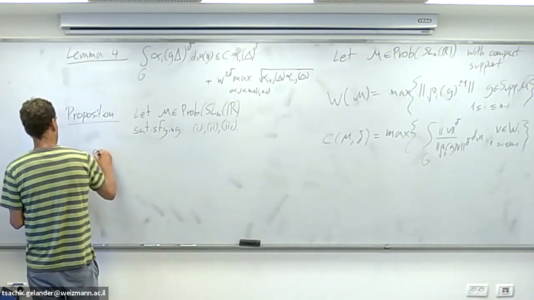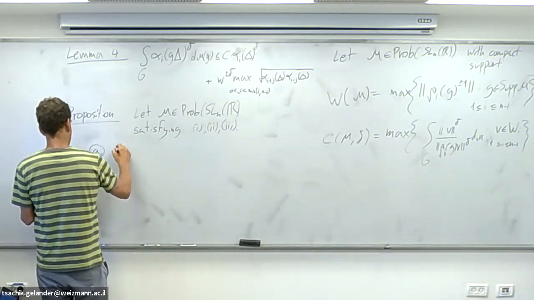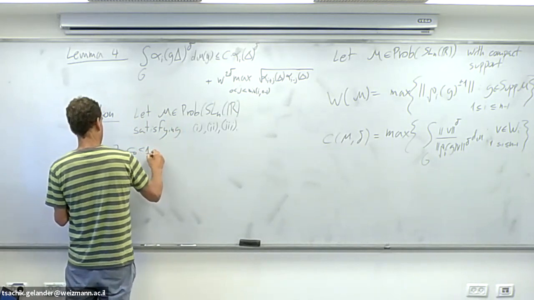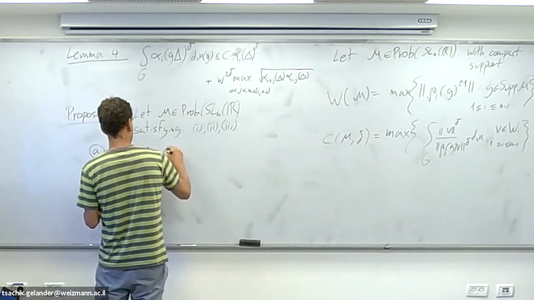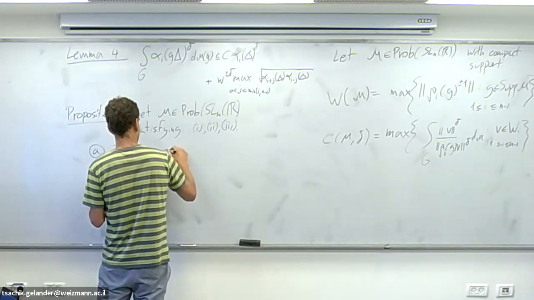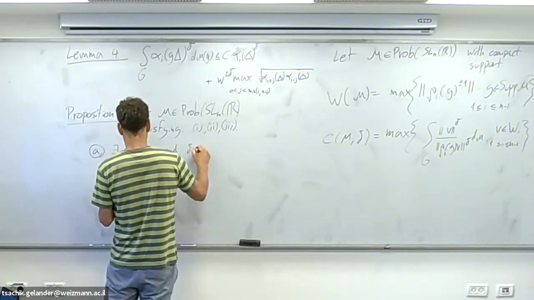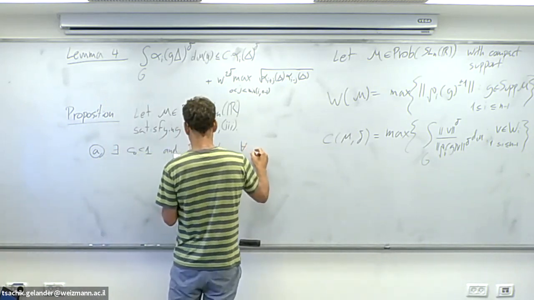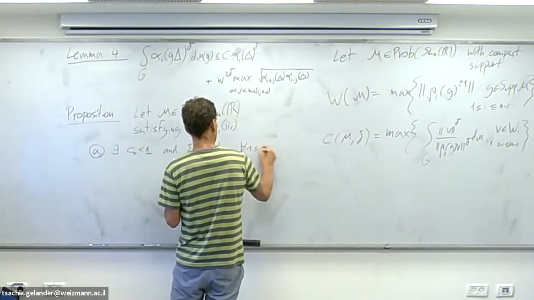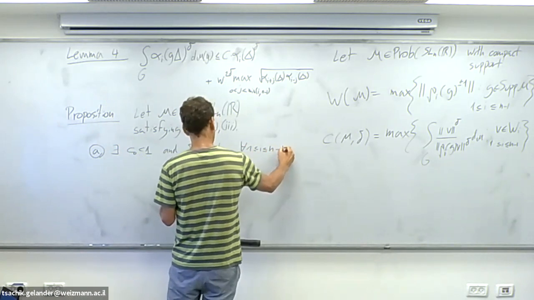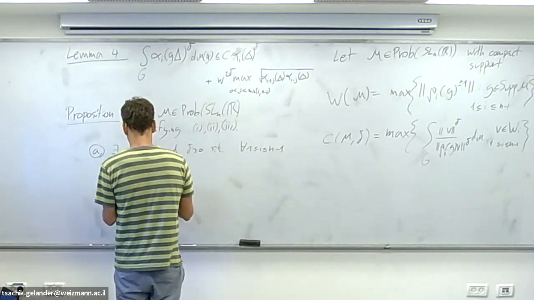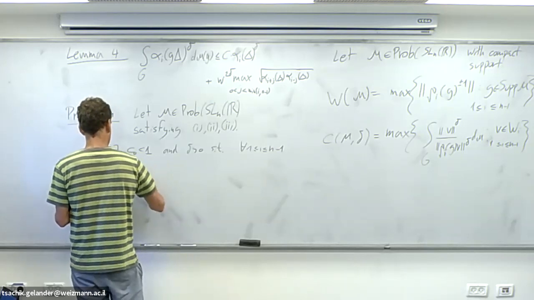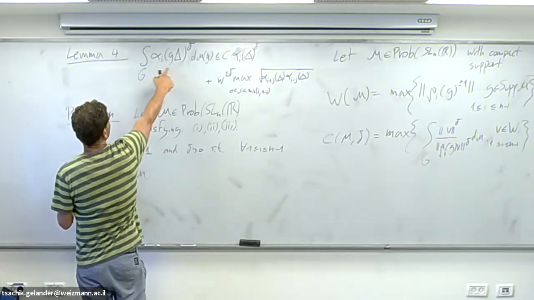then there is C smaller than 1 and delta bigger than 0, such that for every I, we have that A mu, the averaging operator, which is exactly what is written here.